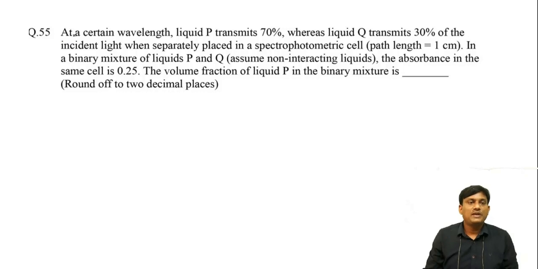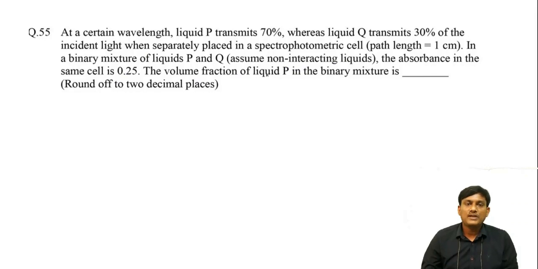Question number 55. At a certain wavelength, the liquid P transmits 70%, whereas liquid Q transmits 30% of the incident light when separately placed in a spectrophotometric cell. In a binary mixture of liquids P and Q, assume non-interacting liquids, the absorbance in the same cell is 0.25.